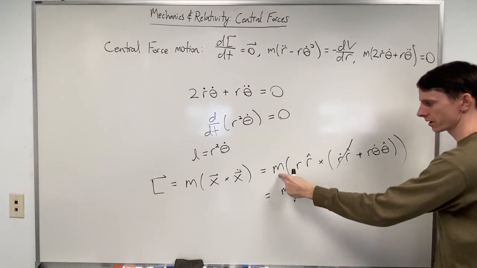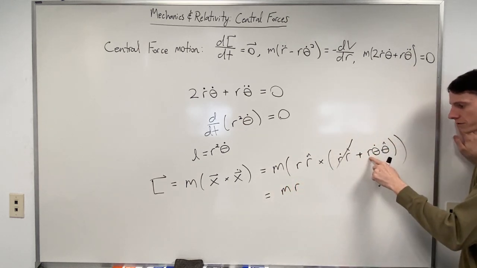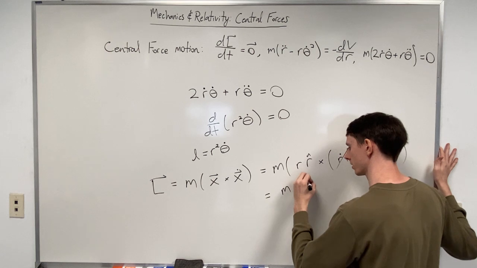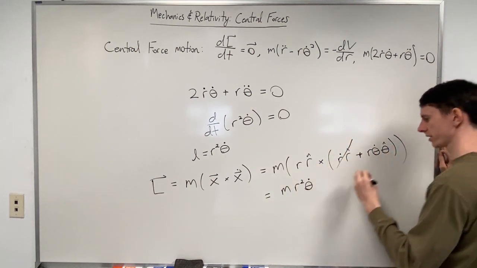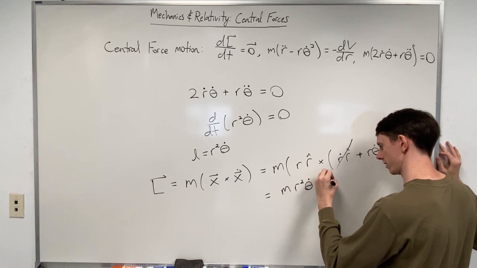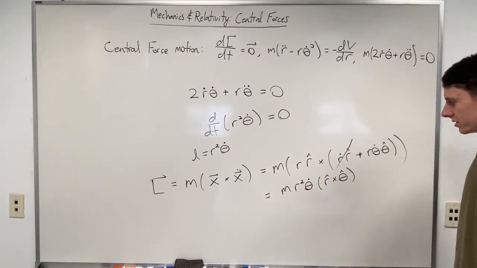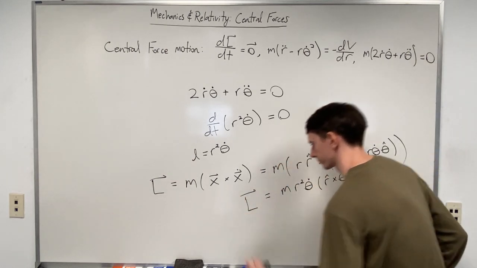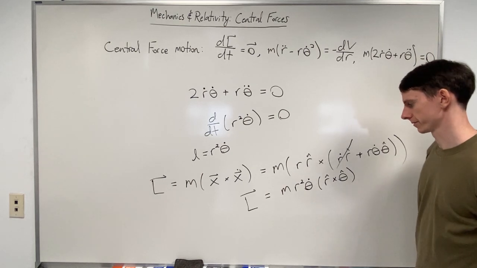So we have m, we have a factor of r here, we have another factor of r, making this r squared, and we have a factor of theta dot, like this. And then we have r hat cross theta hat. So this is another way of writing out the angular momentum vector.